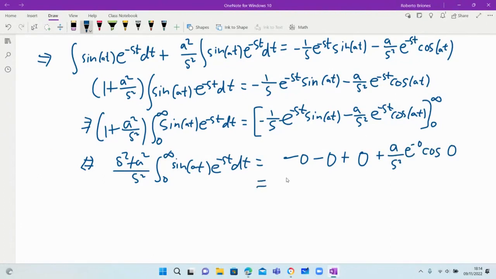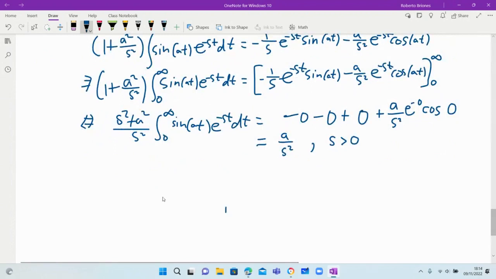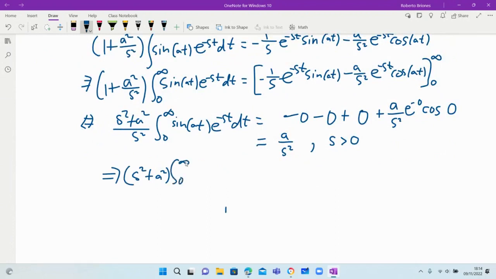This gives us a over s squared, and this is true as long as s is positive. So it implies then that s squared plus a squared times the integral of sine at times e to the negative st dt is equal to a for s positive.